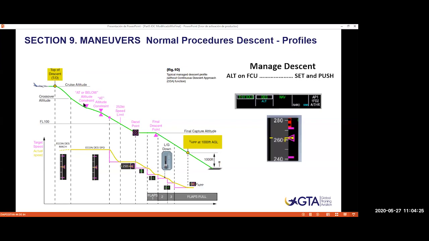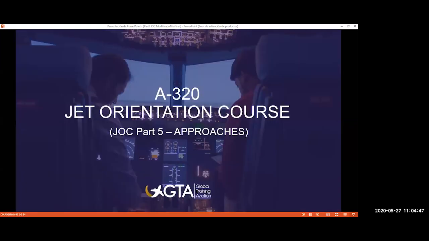And in this computer, there are already constraints, because this computer knows the minimum altitude you have to pass at a specific point. This is the good thing about managed mode: let the FMNGC guide my flight. Okay.